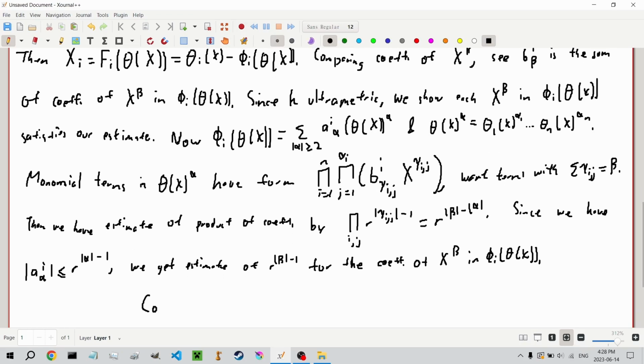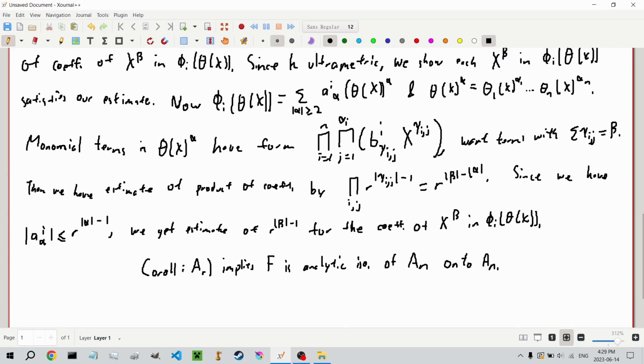And this just comes with a quick corollary. AR implies that F is an analytic isomorphism of A^n onto A^n. If you recall, that's something we were aiming to show last time. Maybe it was last video actually. It was some time ago we wanted to show this. And so by our second lemma from this video, we have AR and BR.